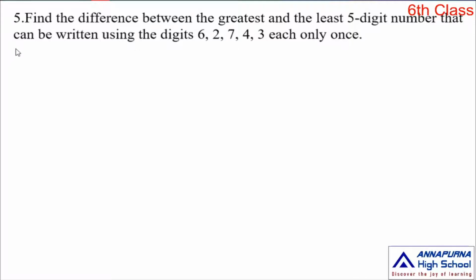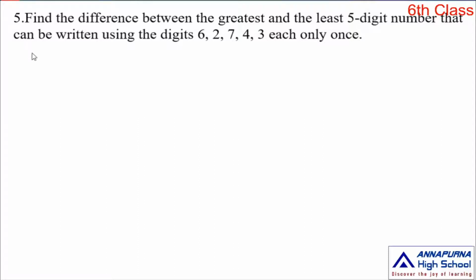I will read this again. Find the difference between the greatest and the least 5-digit number that can be written using the digits 6, 2, 7, 4, 3 each only once. How do you find the greatest and least numbers by using these 5 digits?